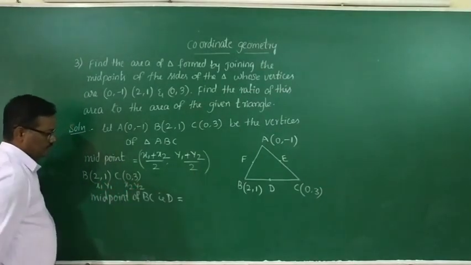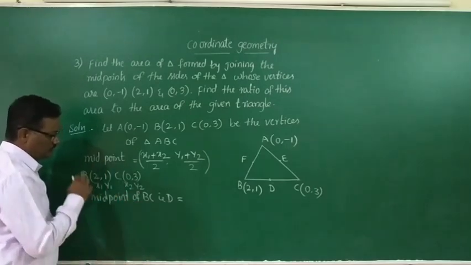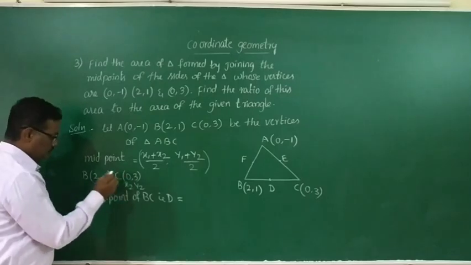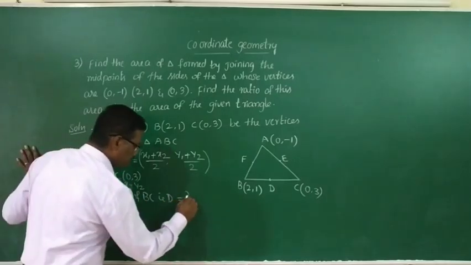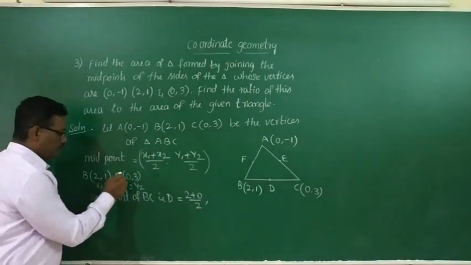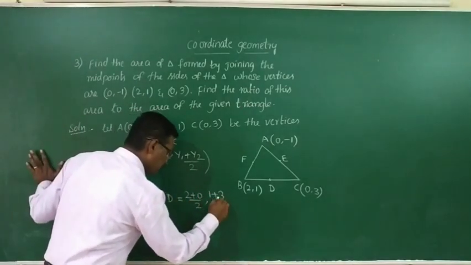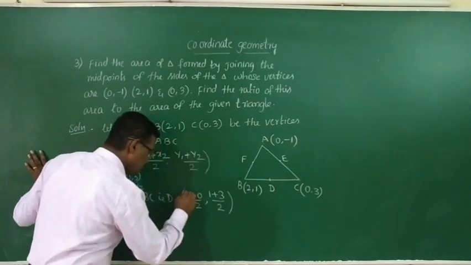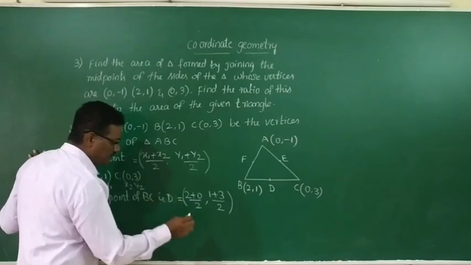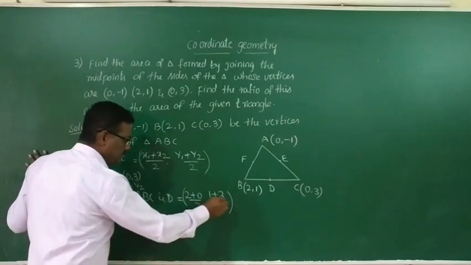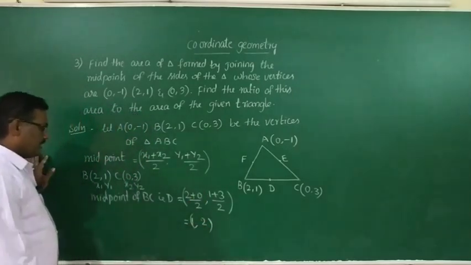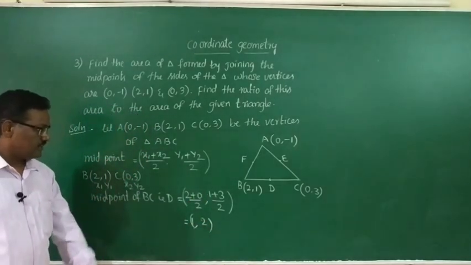We find the midpoint of BC using the formula (x1 plus x2) by 2 comma (y1 plus y2) by 2, that is (2 plus 0) by 2, comma (1 plus 3) by 2. 2 plus 0 is 2, 2 by 2 is 1, 1 plus 3 is 4, 4 by 2 is 2. So this is the midpoint of BC, that is D.